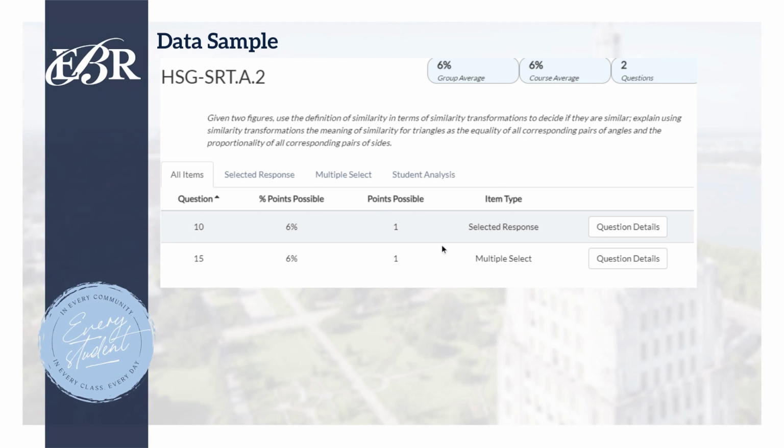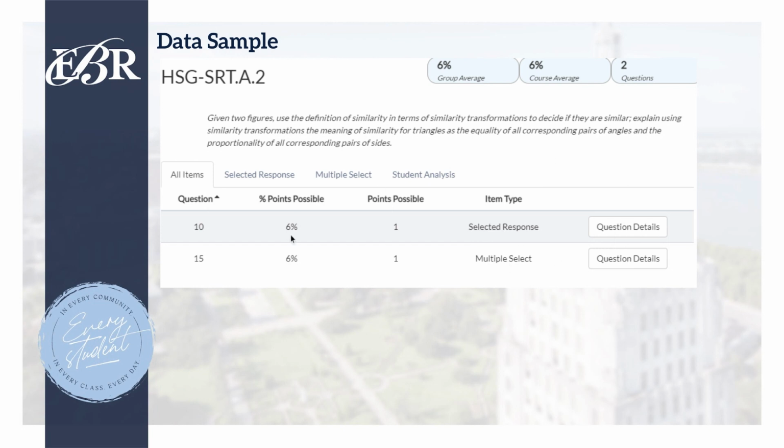If we notice, I clicked on the standard and this is what I got. It was 2 questions, and that's also good because we have more questions being offered based on that one standard. I see that they were given a multiple choice selected response, or a multi-select, or as they say, multiple select.